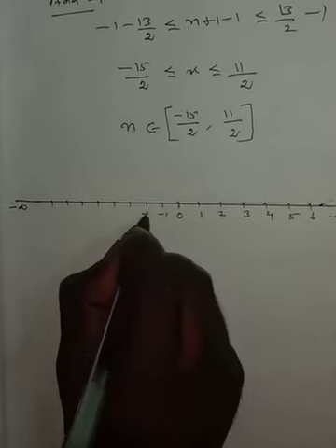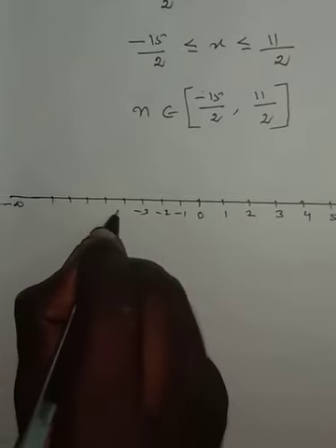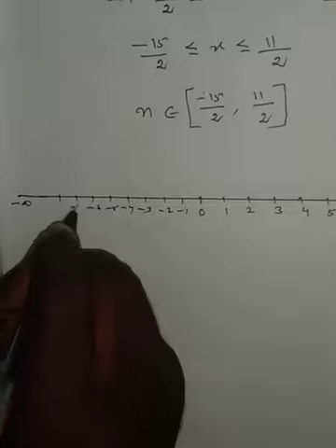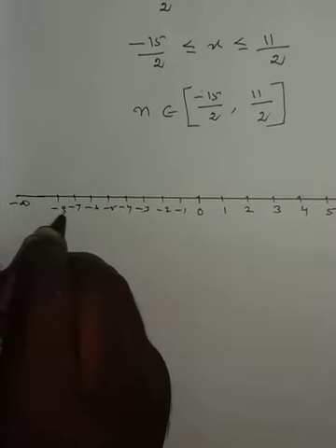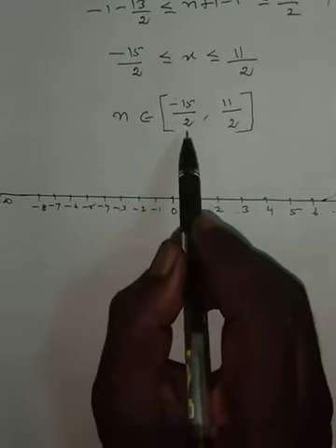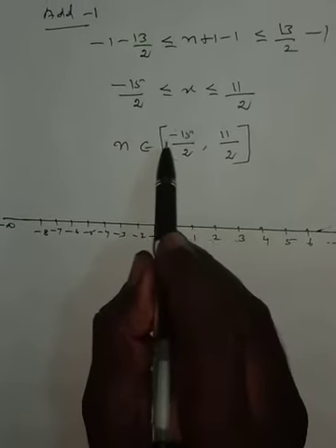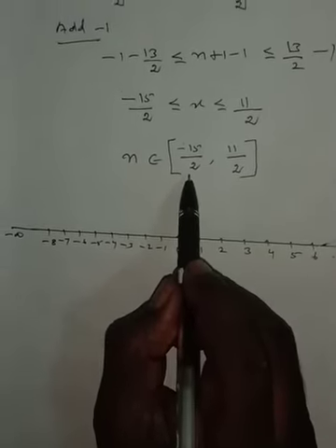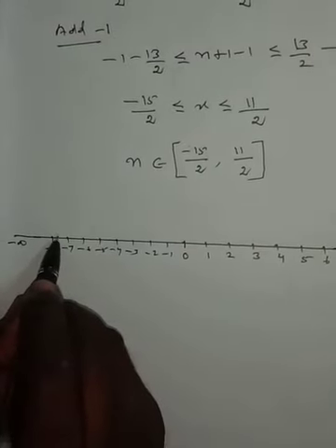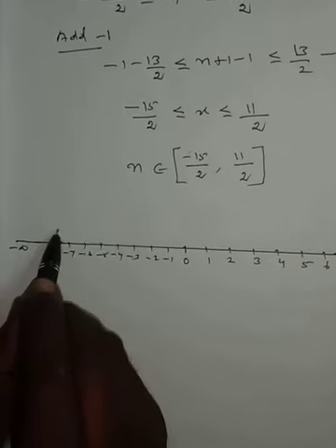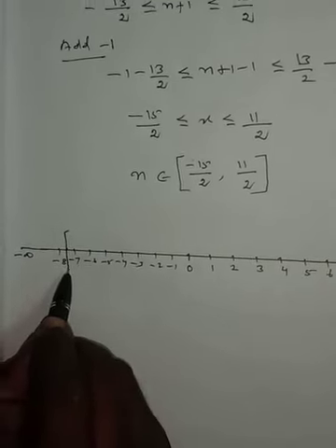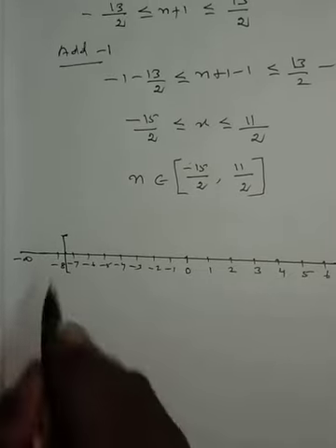Now the interval: minus 15 by 2 means minus 7.5. Closed interval.